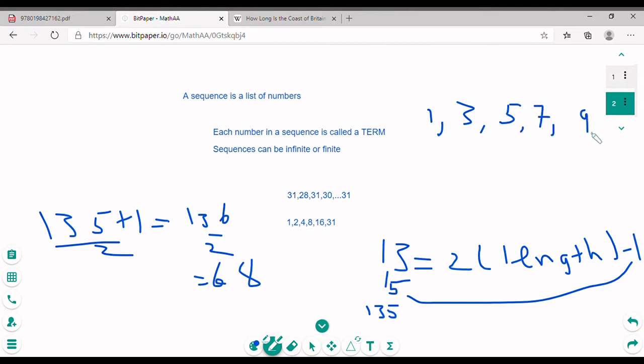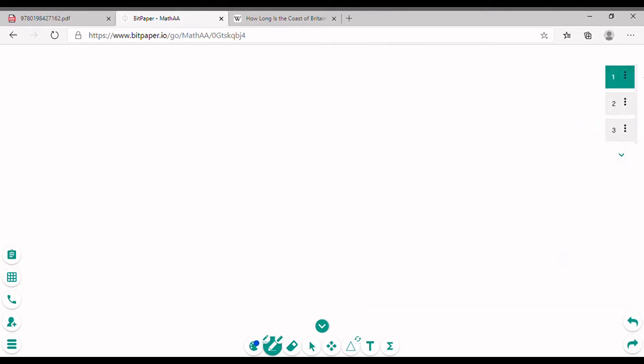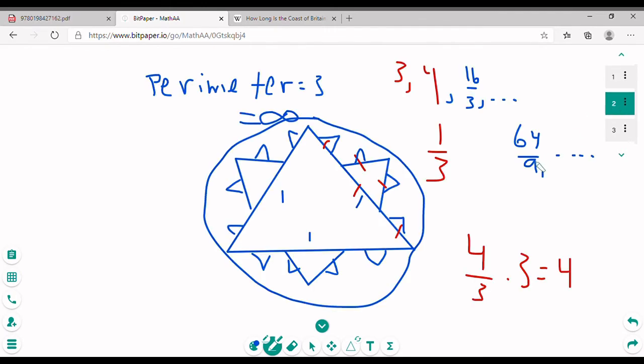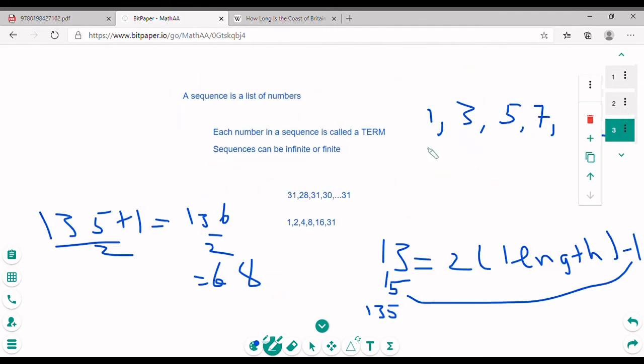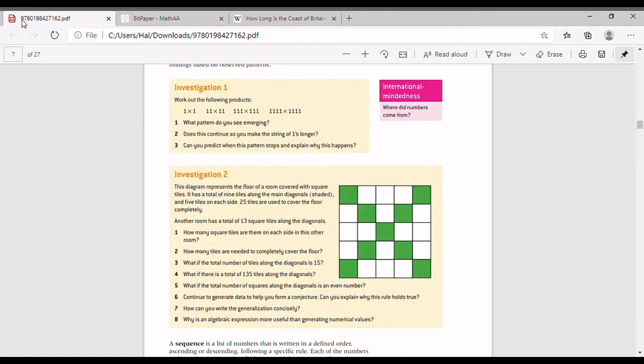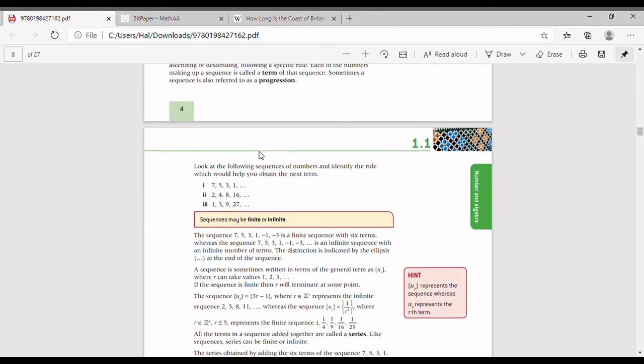Sorry about that. And below that you can have the sequence of areas of the squares you're using.